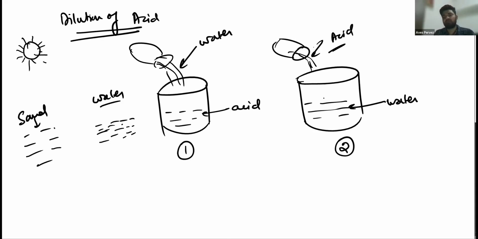Why? Because the specific heat capacity, meaning the heat absorbing capacity, of sand is less in comparison to that of water. Water absorbs more heat, so its temperature will not rise.